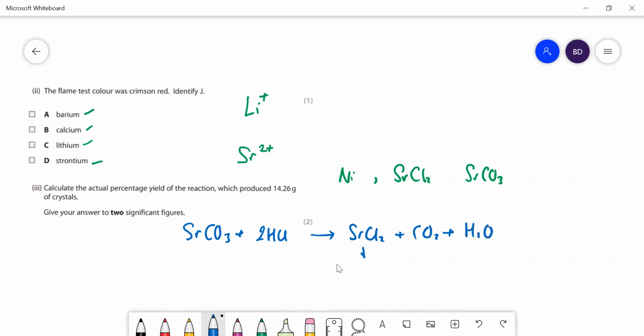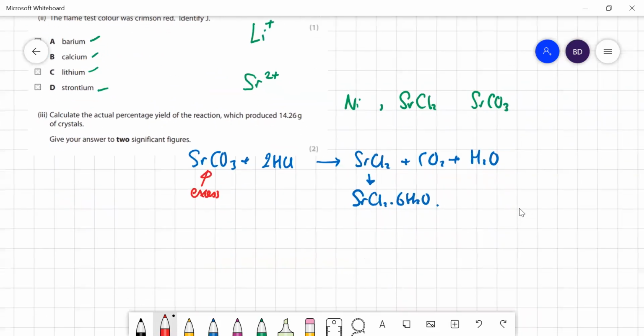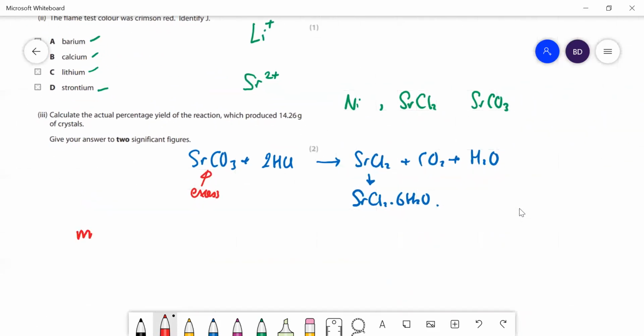And then this, of course, is going to crystallize out to give us SrCl2.6H2O. Don't forget, the metal carbonate was in excess, so we need to work out the moles of HCl, which we've done already. The moles of HCl is equal to the concentration times the volume.